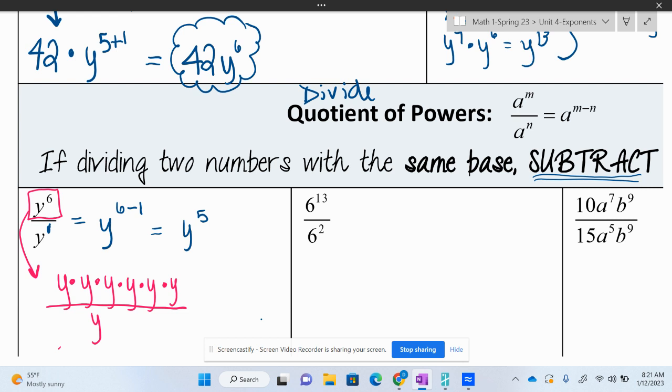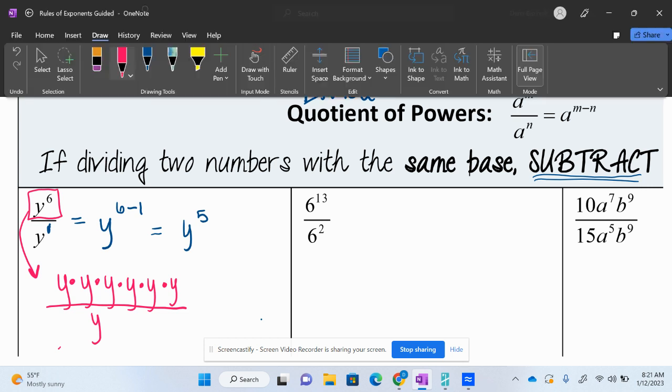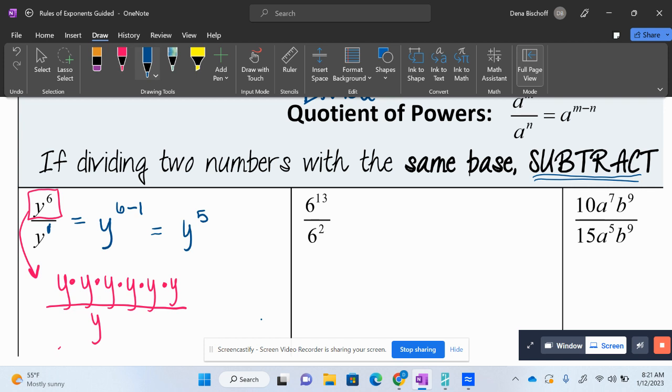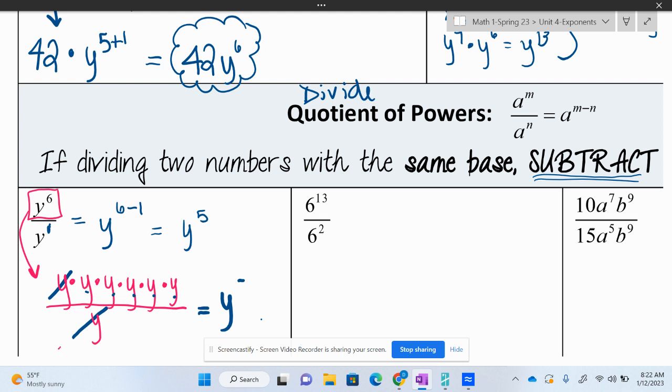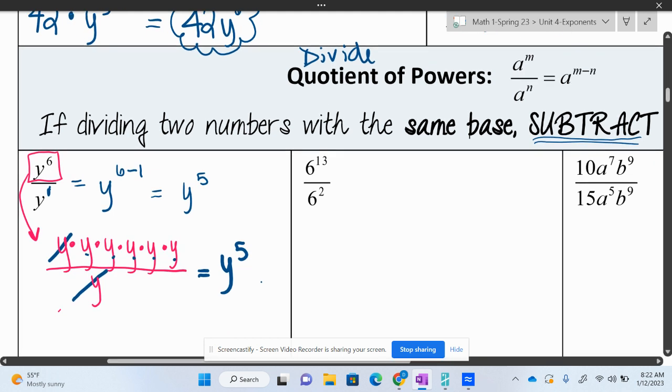And we know how to reduce fractions, right? I can take 1 out of the top and 1 out of the bottom. What does that leave me with? 1, 2, 3, 4, 5. y to the 5th. That's why that works.